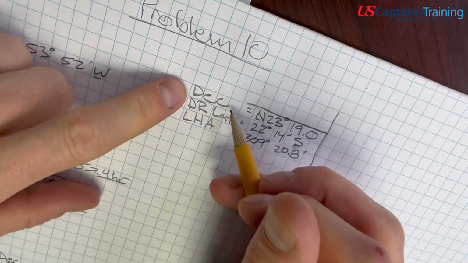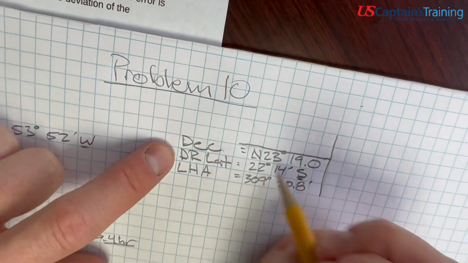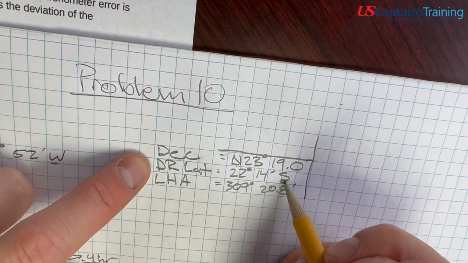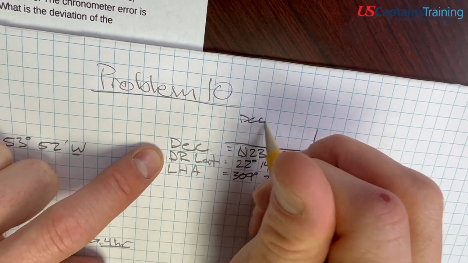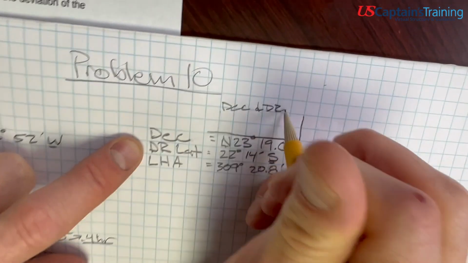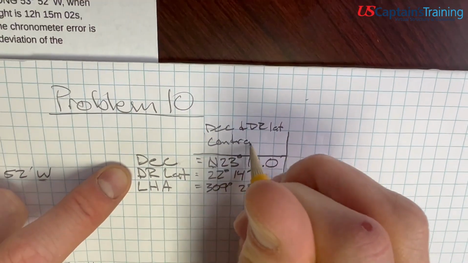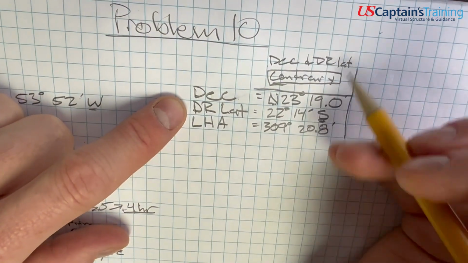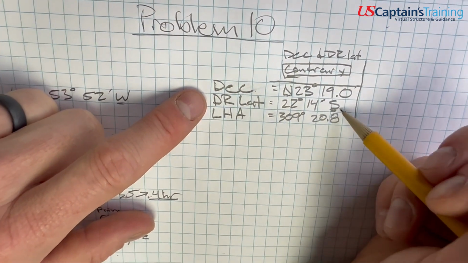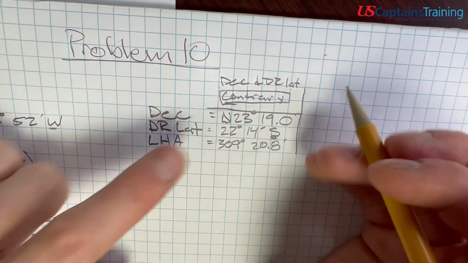Now we can get some information that we need just from these. So our declination and DR latitude have opposite names. This one is south, this one is north. So we can say our declination and DR lat are contrary. You'll see when we get into the tables, that's important. If they were south and south or north and north, they'd be the same.